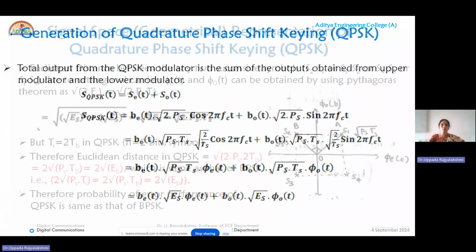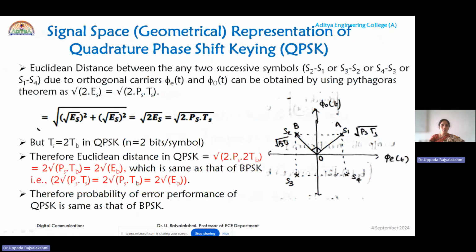With this, you can calculate the Euclidean distance. The Euclidean distance between any two successive symbols, that can be either S2, S1 or S3, S2 or S4, S3 or S1, S4. You can calculate the distance between any two successive carriers. Due to orthogonal carriers, phi_e(t) and phi_o(t), it can be obtained by using the Pythagoras theorem.